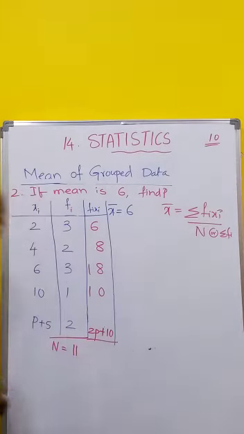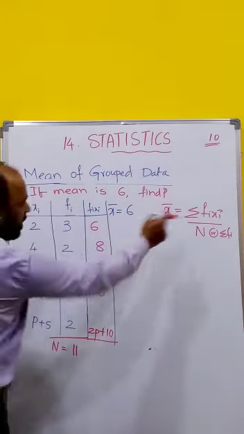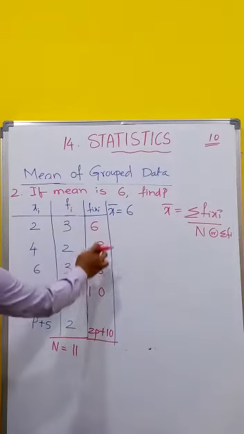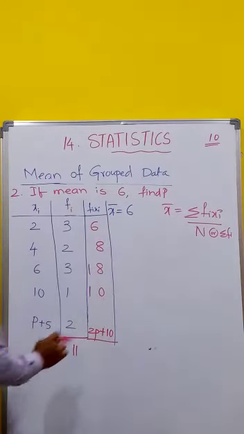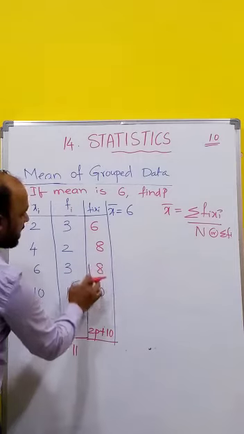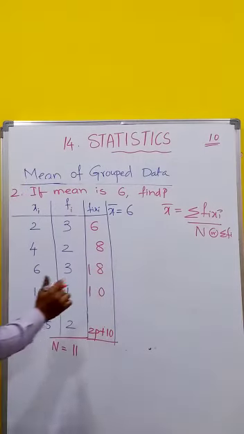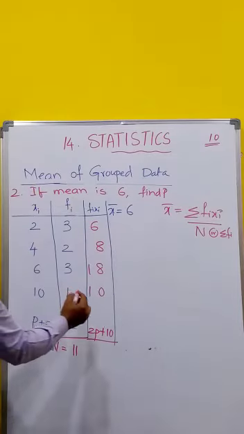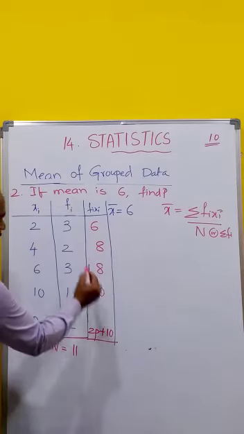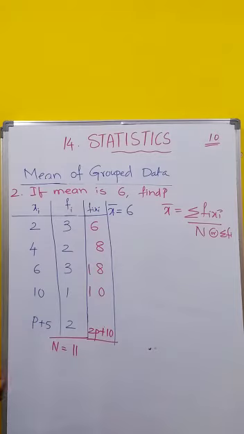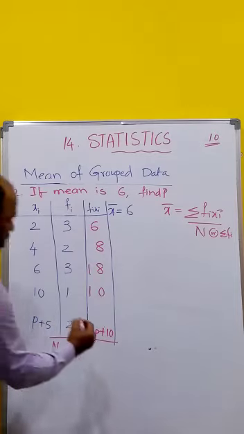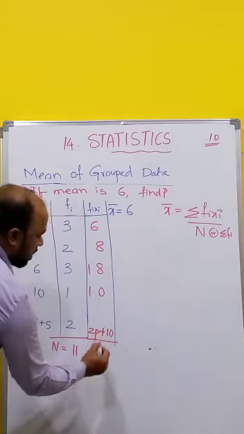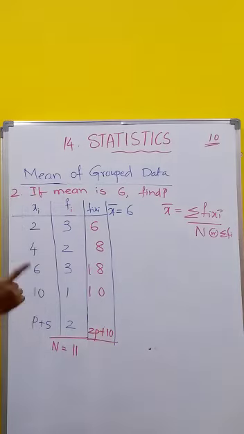Now we'll go for this one, adding sigma fi xi. 6 plus 8, 14, 14 plus 18, 32. 14 plus 18, sorry, 32, and 32 plus 10, 42, and 42 plus 10, 52. 52, again here a number, 52 plus 10, 62.